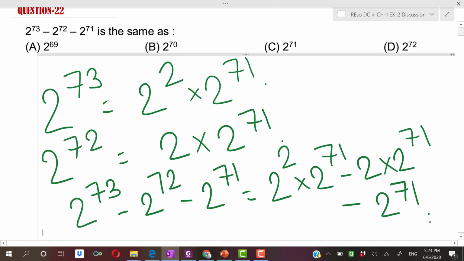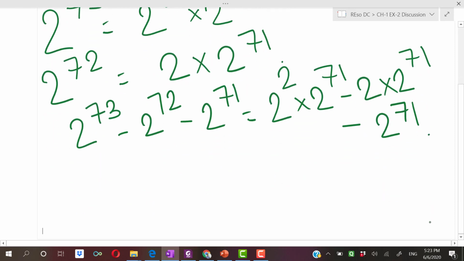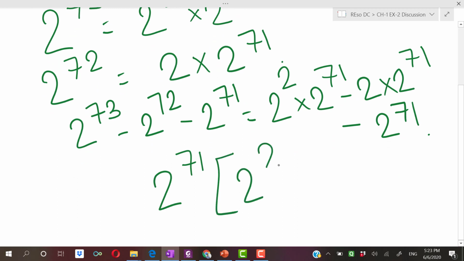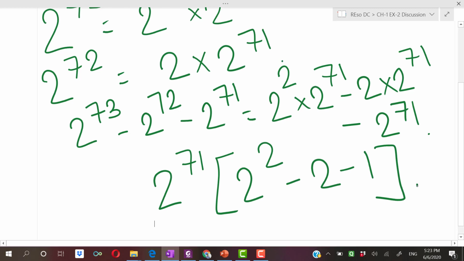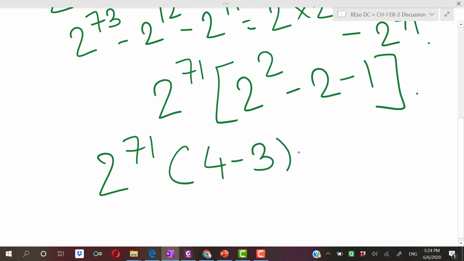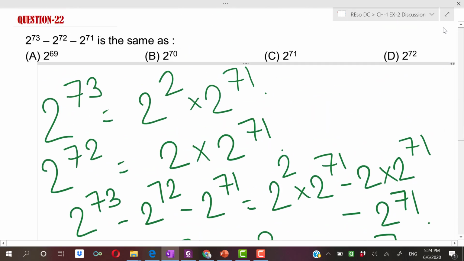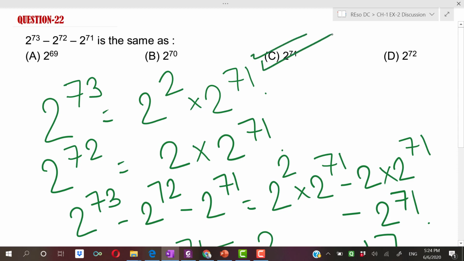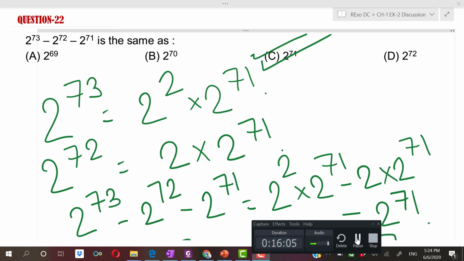Simplifying, 2 raised to the power 71 मैंने कॉमन ले लिया, so it will be 2 square minus 2 minus 1, which is equal to 2 raised to the power 71 multiplied by 4 minus 3, which is equal to 2 raised to the power 71. So my option number C will be the correct answer of this question. So this is how you were required to solve this.